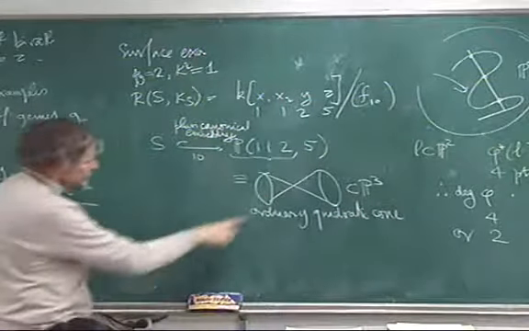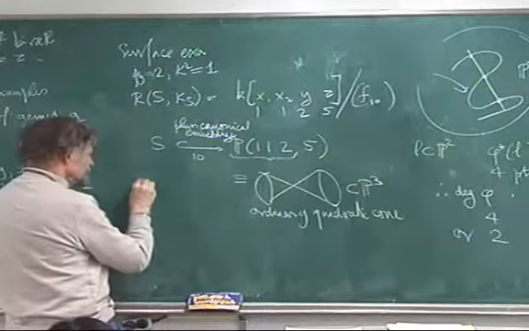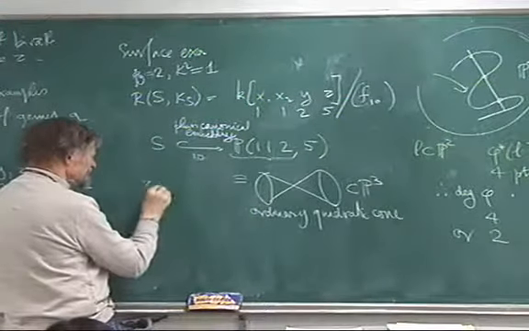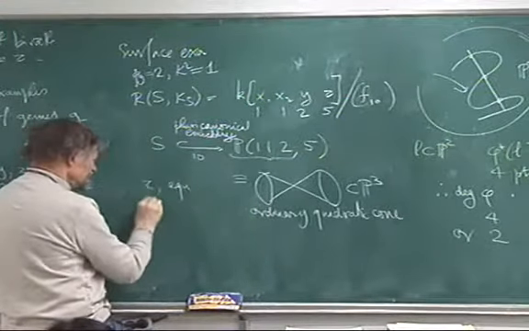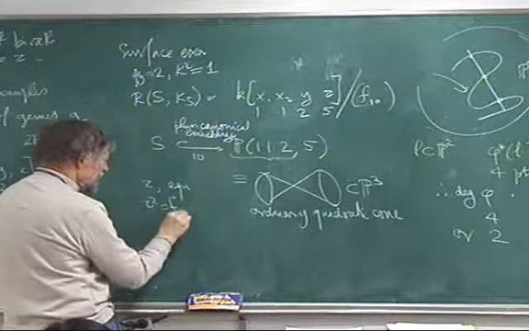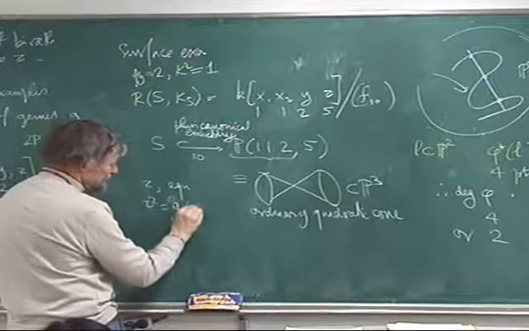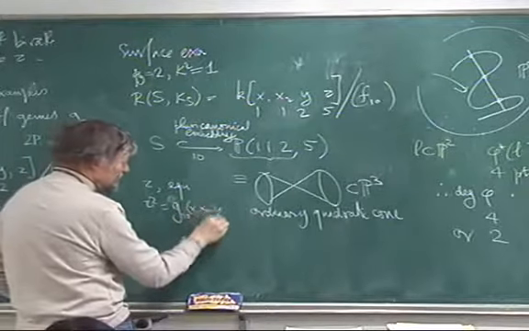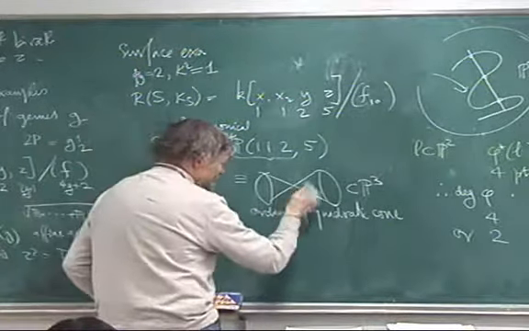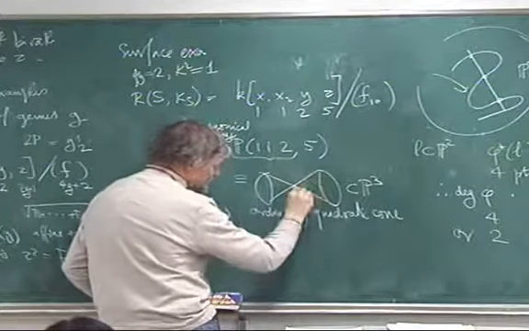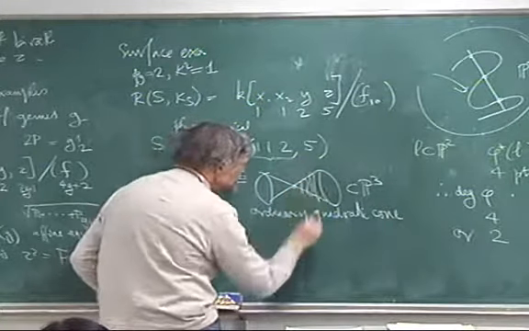And then if I put in the element z with the equation z squared equals g_10 of x1, x2, y, there's a double cover here, and the double cover is branched in a quintic.